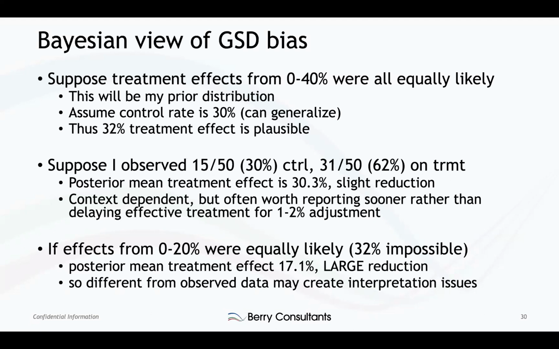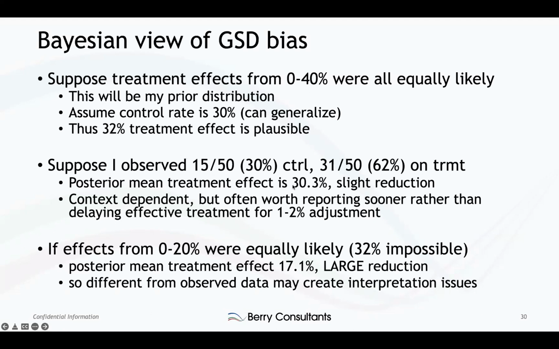Assume the control rate is, again, 30% for this. So in this case, a 32% treatment effect is in the upper end of my range, but it's a plausible value. If I get my 32% treatment effect, I can compute my posterior mean. And what I find is I do reduce this point estimate.